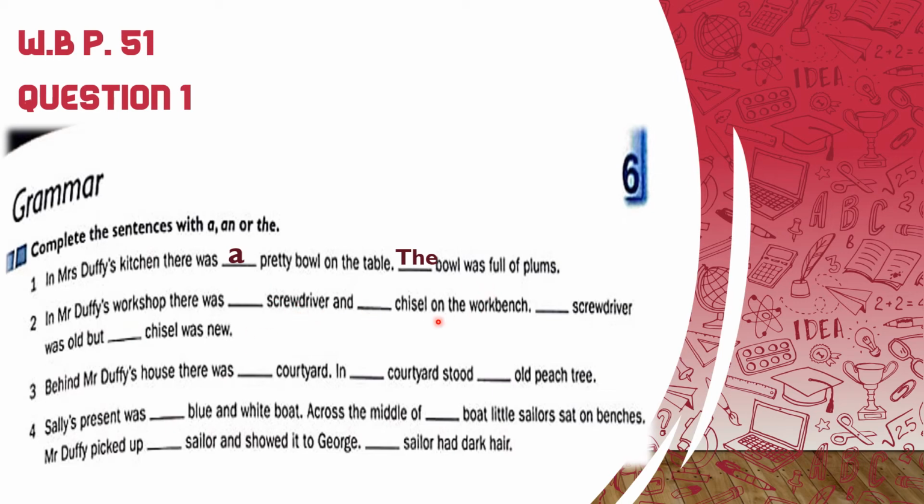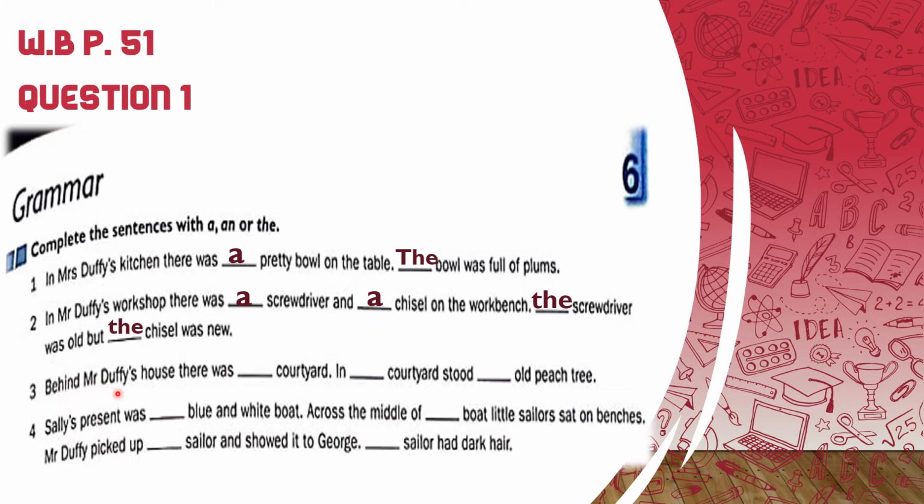A screwdriver and a chisel on the workbench. Yes, excellent. Here we mentioned the screwdriver and chisel again, so we have to put the: the screwdriver was old but the chisel was new.